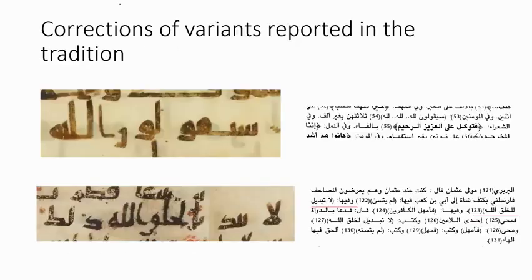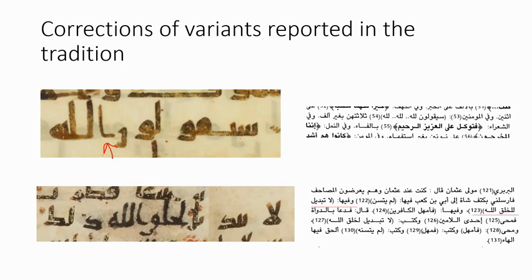And sometimes we find variants that more or less perfectly correspond with a variant that's reported in the tradition. This is actually one of them, this insertion of the alif. So here it's not like the scribe completely forgot the word Allah. He just wrote lillah instead of Allah. Lillah means for God. Allah means God. The la means it's a preposition here.